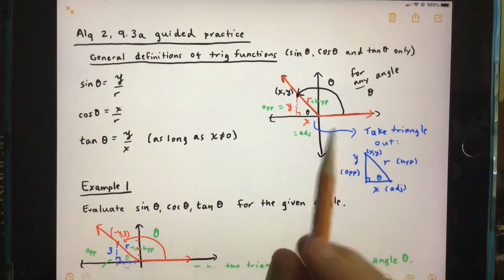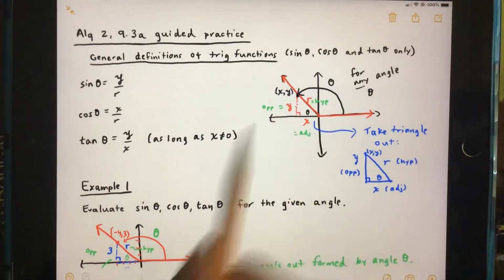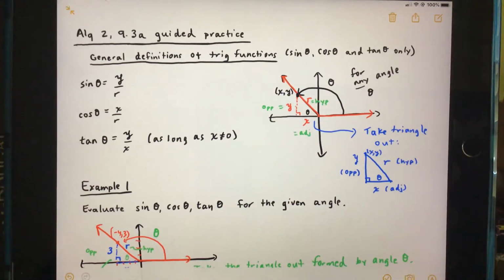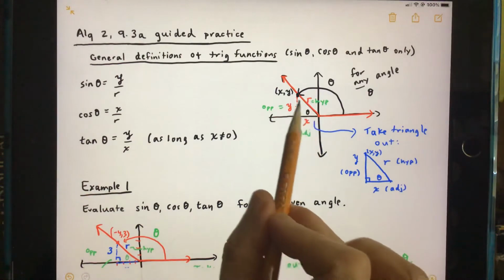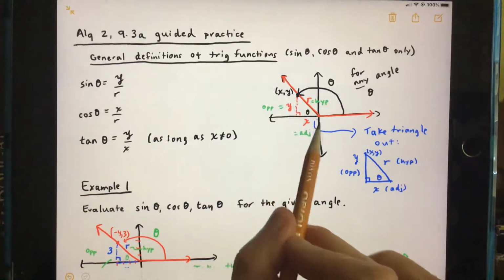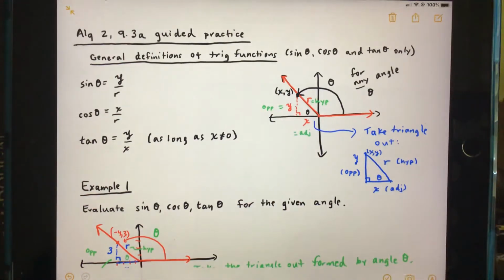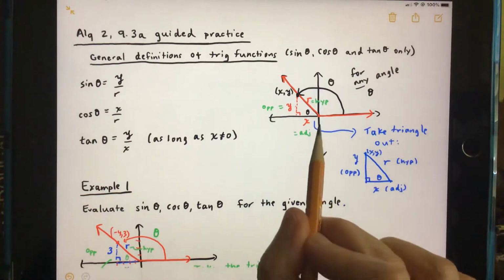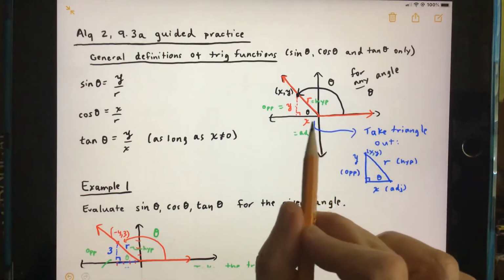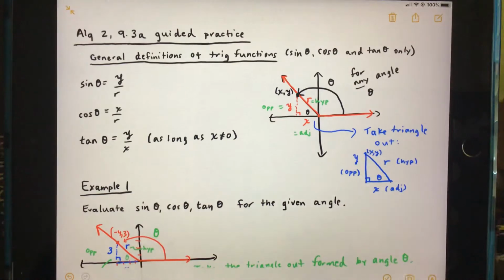The example picture here is showing an angle in the second quadrant, but again, that angle can be anywhere between 0 and 360 degrees, so that this part of the angle here, the terminal side, can land anywhere on the coordinate plane. Of course, the initial ray on the angle will always be the positive side of the x-axis.